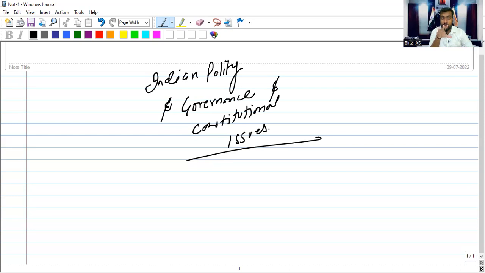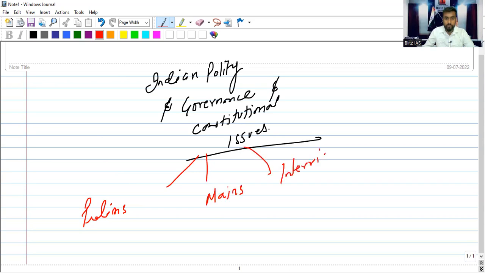So you can use some political terminologies and political knowledge there. If women empowerment or child labor comes up, you will write on it accordingly. So you'll use this Indian polity, governance, constitutional issues knowledge. This module is very, very important from prelims, mains, and interview point of view.